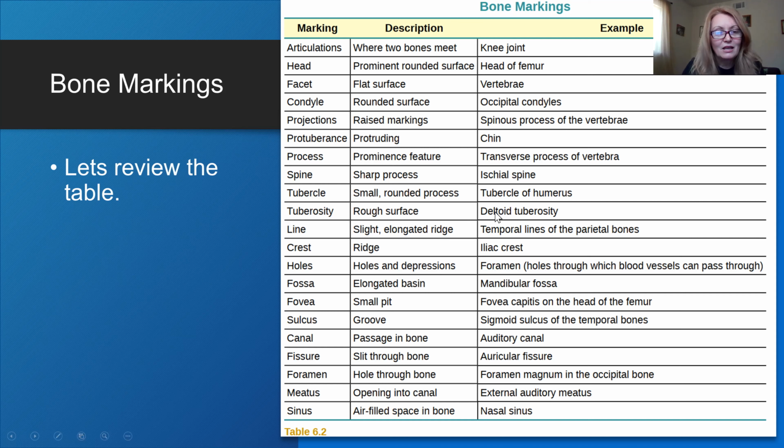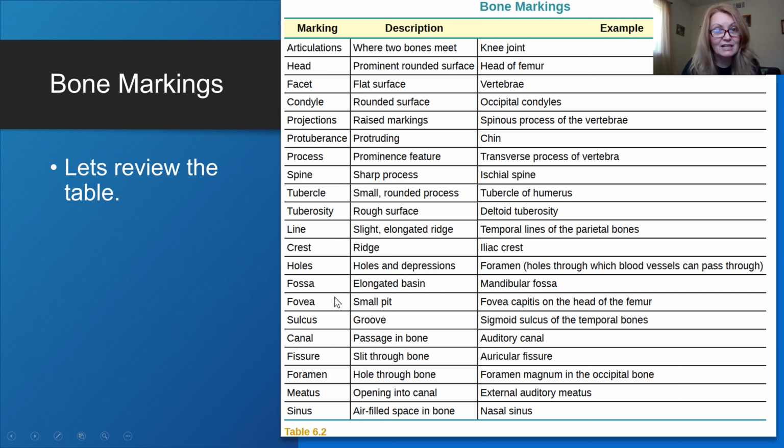Or if you see a fossa, fossa is a depression, like the mandibular fossa, for example. Or foramen: if you know that foramen means a hole, so if you're looking at some holes, you should call it foramen. That's why we're giving you this table.